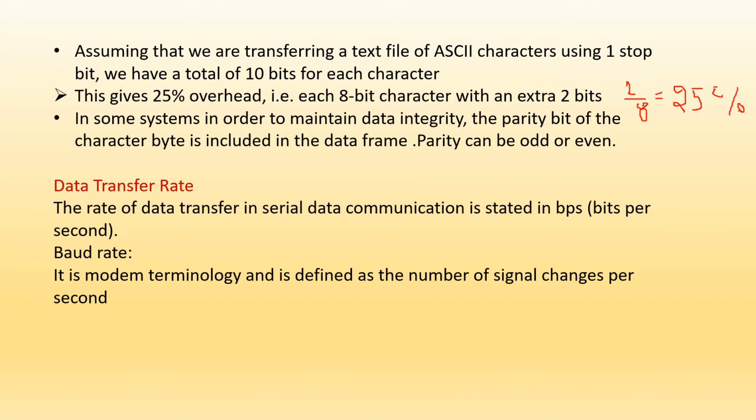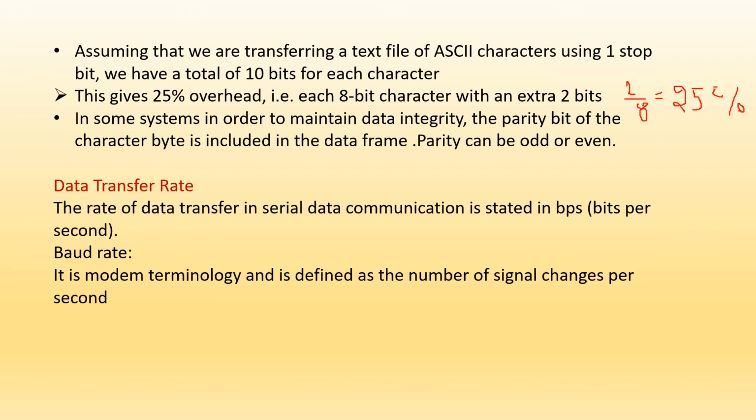In some systems, to maintain data integrity, a protocol is set so that the sender uses odd parity or even parity, so that if any errors occur, they can be detected at the receiver.